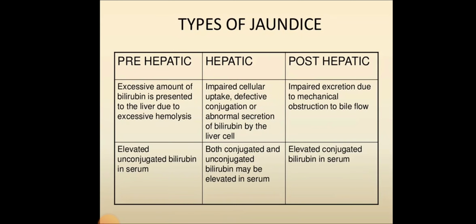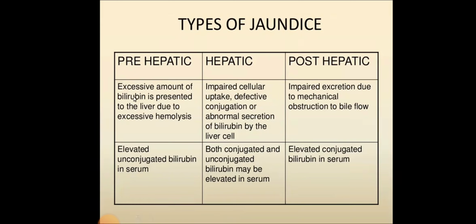So what is pre-hepatic jaundice? Pre-hepatic jaundice is due to a lot of breakdown of the RBCs, which contain hemoglobin. So here you have already seen the heme and globin part.